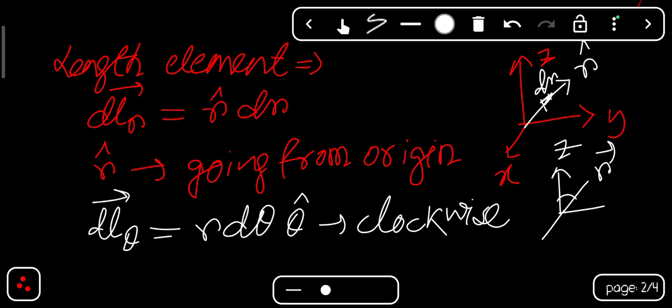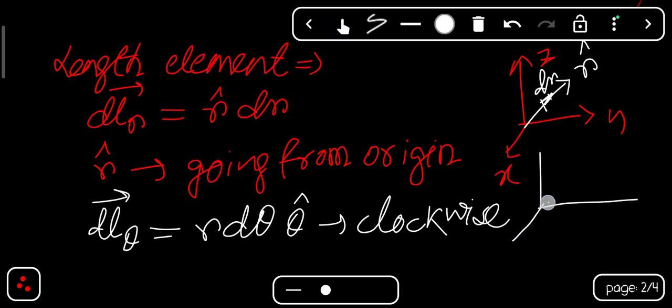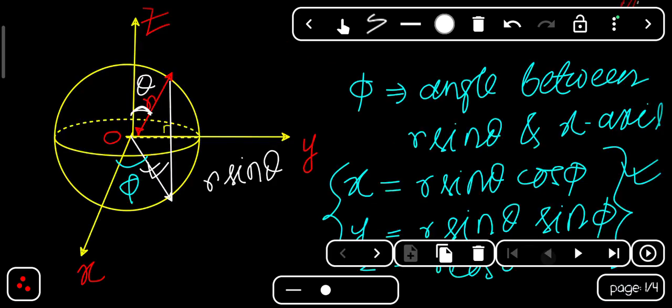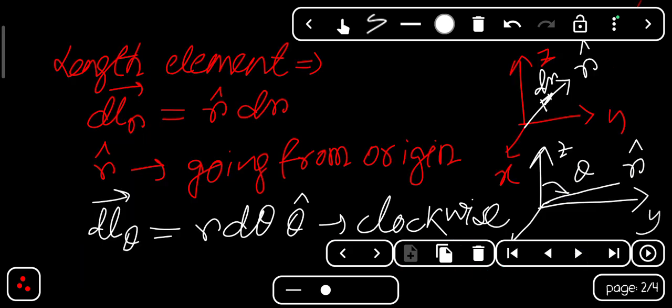If you take the r vector towards the y axis, then this angle is obviously greater than the previous one. So in the clockwise direction theta cap is increasing, and we take the length element of theta in the clockwise direction. So dl theta equals r d theta. It is nothing but the concept of an arc.